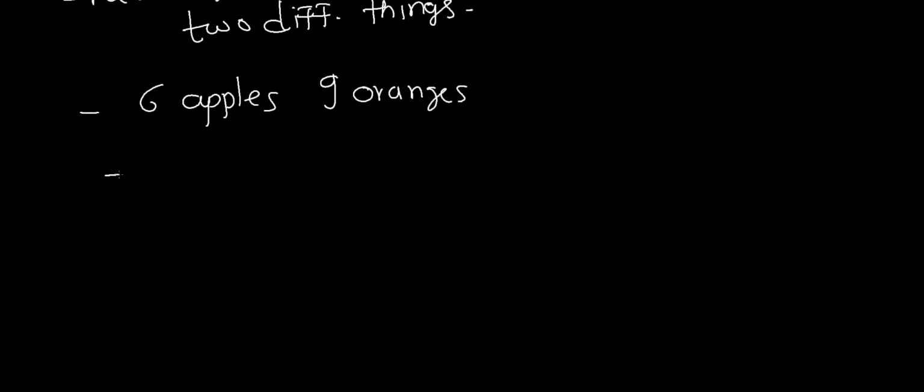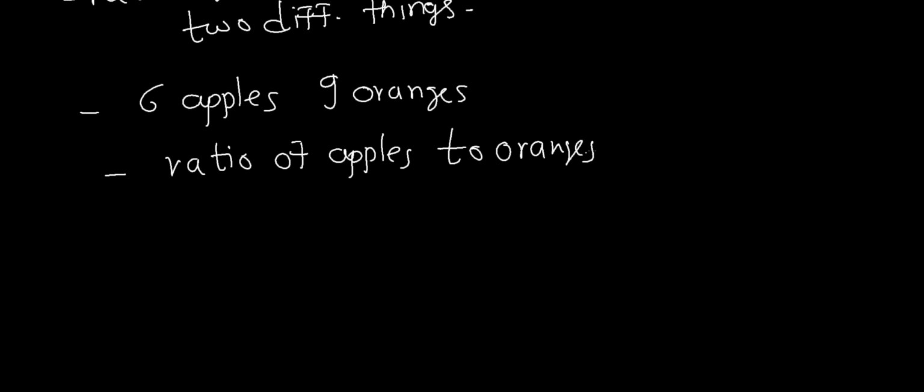So here we have a ratio of apples to oranges is 6 to 9, and it is written in the form of 6 to 9, this is the sign of the ratio, 2 dots. 6 to 9 means what?